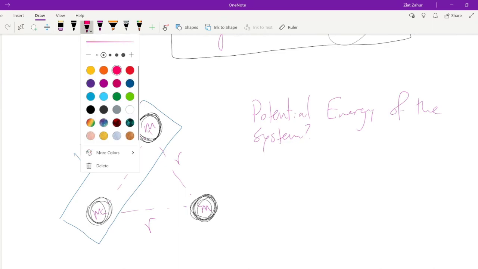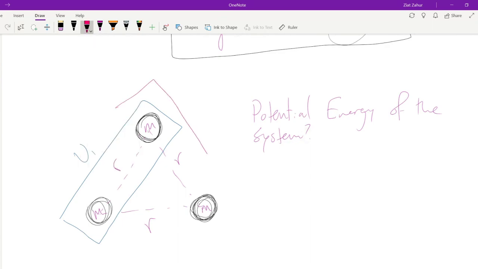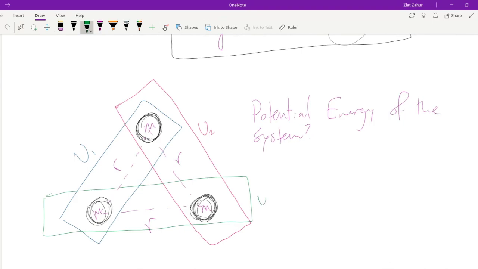Here is interaction numero dos, U2, and the last one, U3. So the total must be just U1 plus U2 plus U3.